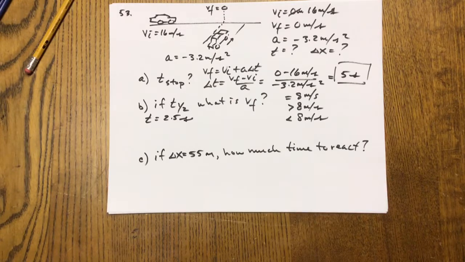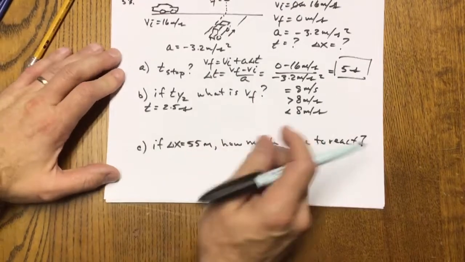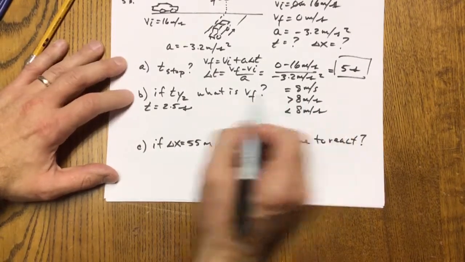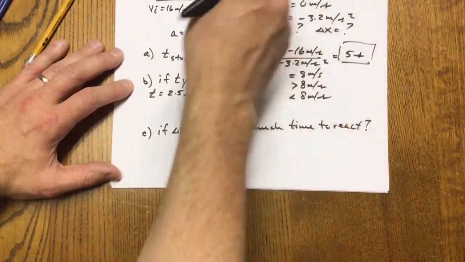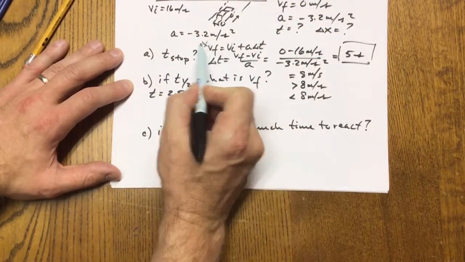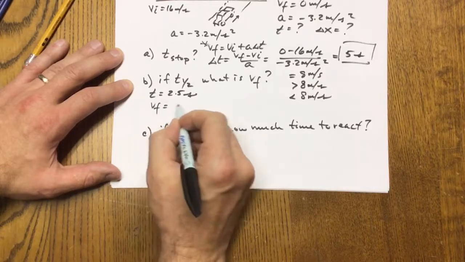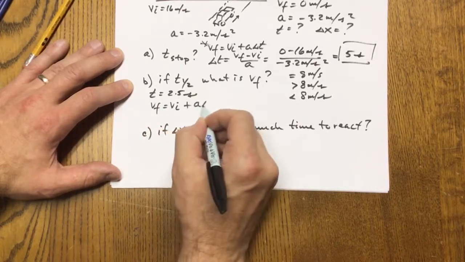Locked in your vote yet? All right, well, let's see if you were right. We want to find the velocity after 2.5 seconds. So back to that same equation. Vf is equal to Vi plus A delta t.